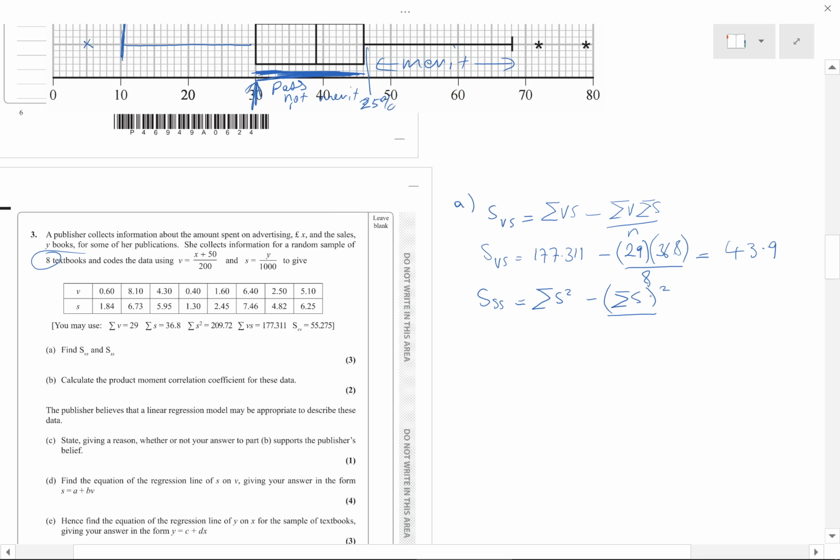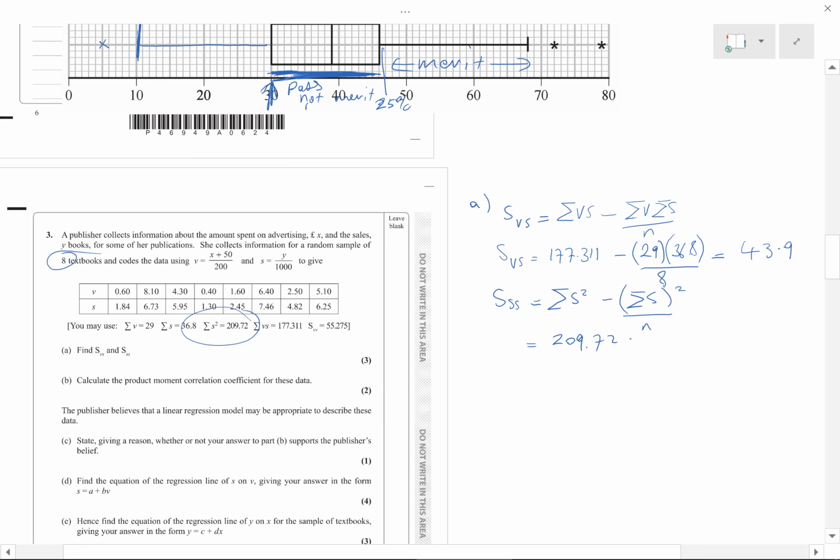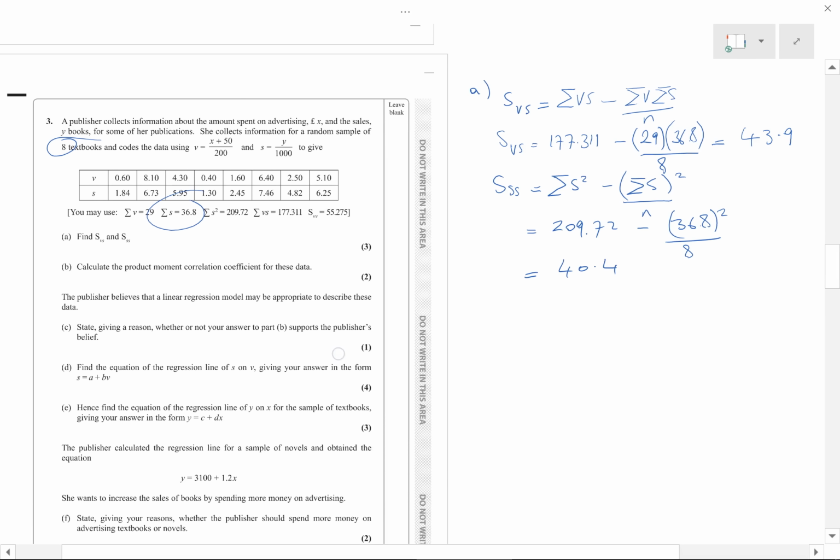And then that's divided by n. So that equals sigma s squared, which is given to us, 209.72, take away sigma s, also given to us, 36.8 squared, divided by 8. That equals 40.44, but rounded to 3 significant figures, 40.4. So that's question A done.